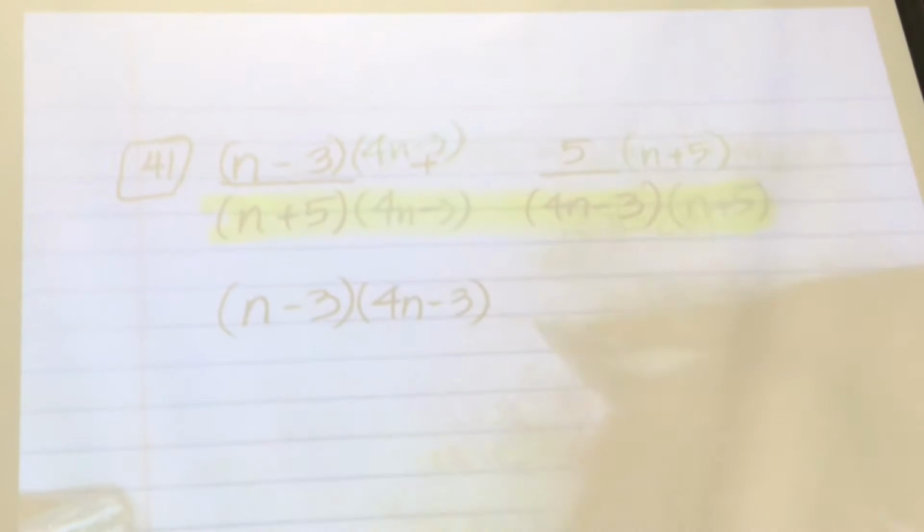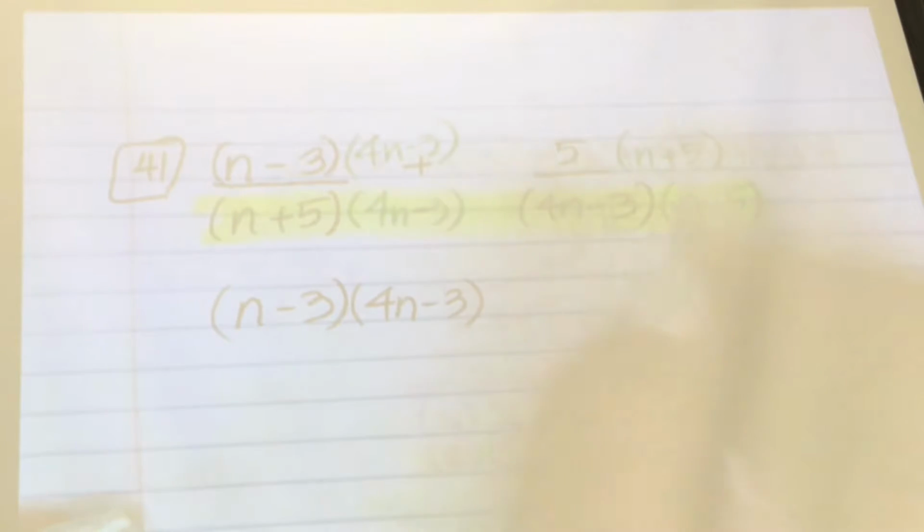Now I need to just FOIL this out, so I have n minus 3 times 4n minus 3 plus 5 times n plus 5.